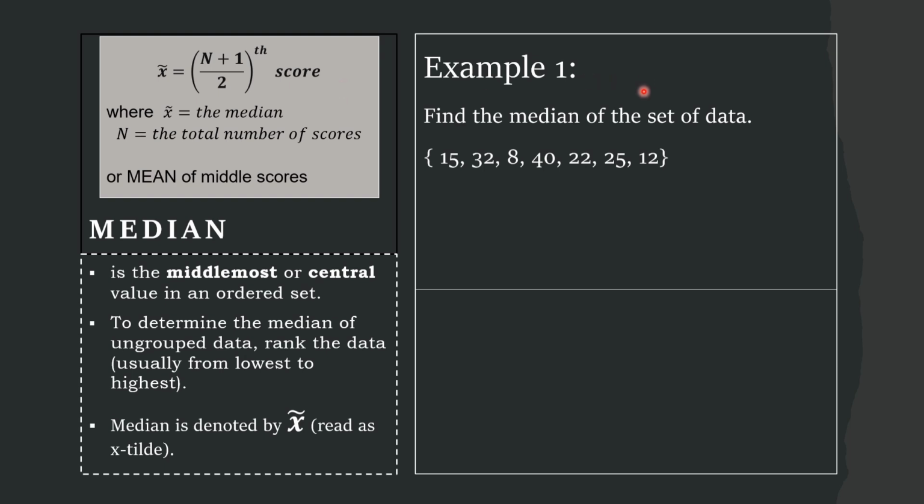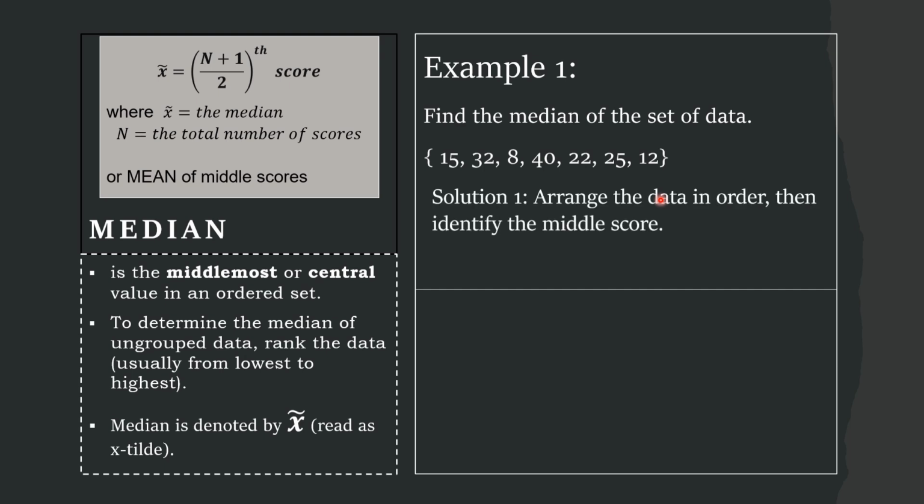Let's take example 1. Find the median of the set of data 15, 32, 8, 40, 22, 25, 12. So we're going to have two solutions here. Solution 1. To find the median, always arrange the data in order first, usually in ascending order.